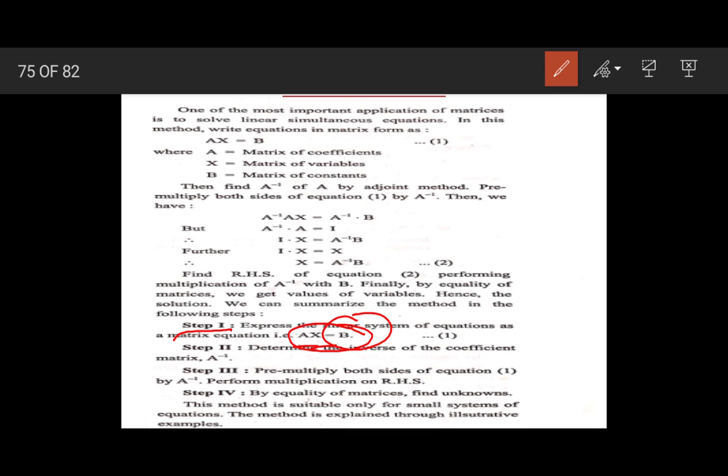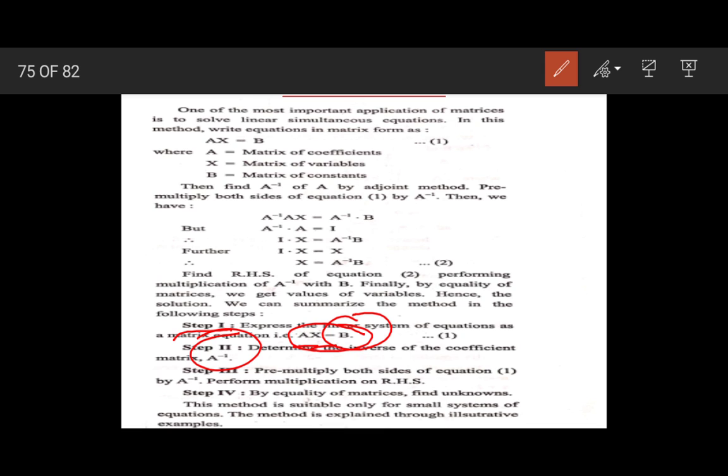Step 2 is finding the inverse of matrix A. For finding the A inverse matrix, we have to start from the determinant of a matrix. So to find A inverse, first find the determinant of the matrix, then find the adjoint of the matrix, then find A inverse.